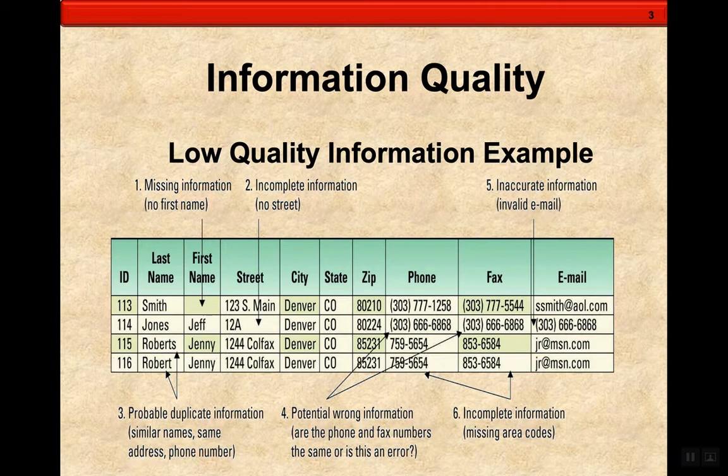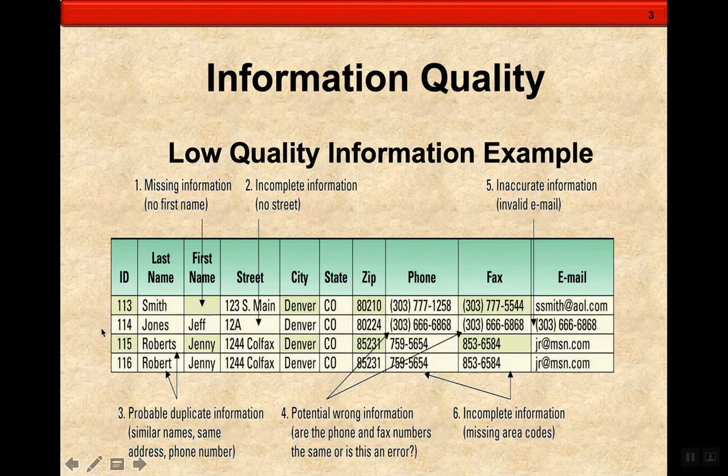For example, if a record is defined as having last name, first name, street, city, state, all that key information, maybe somebody left out a first name, or is missing a street.